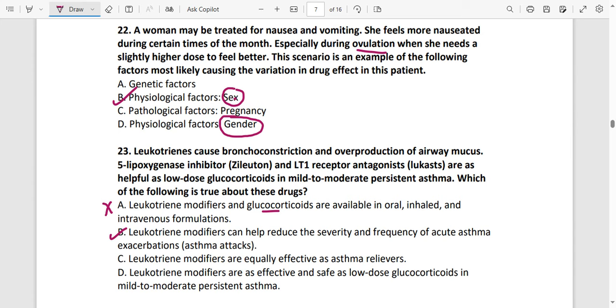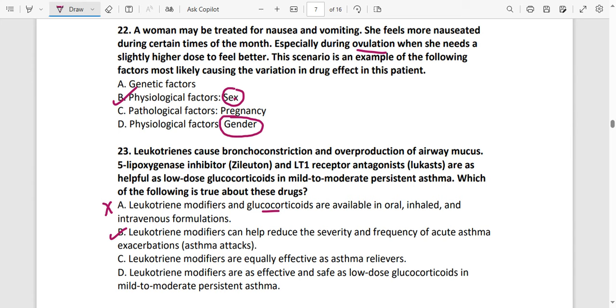The controllers are also referred to as the preventers. These are the corticosteroids. They are preventing the disease because they are reducing inflammation. Remember, corticosteroids work by preventing inflammation just at the beginning before the condition becomes severe.